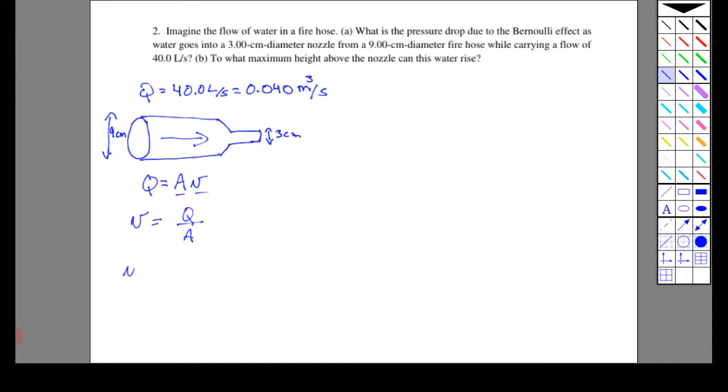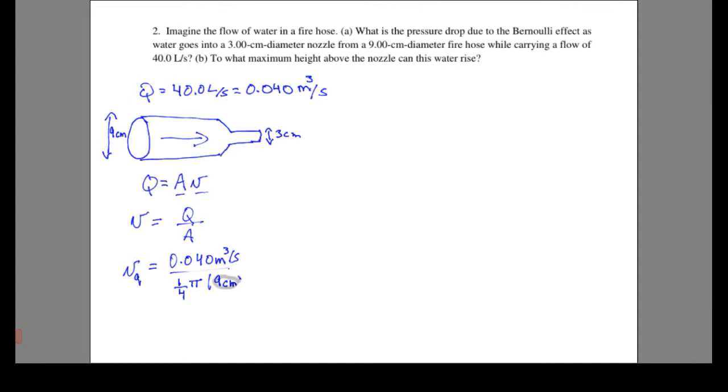So let's go through the 9 centimeter hose. The speed of the water is the flow rate, which is 0.040 meters cubed per second, divided by our cross-sectional area, which is 1/4 pi times our diameter, which is 9 centimeters. Oh, we want that in meters, though, don't we?